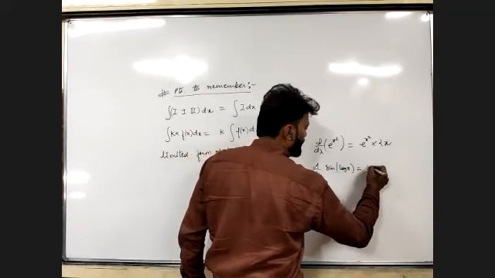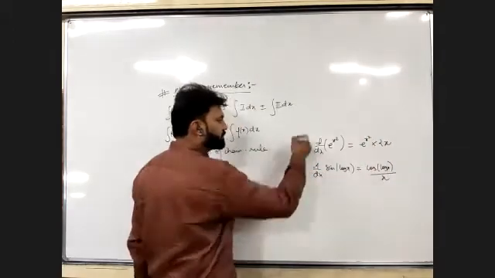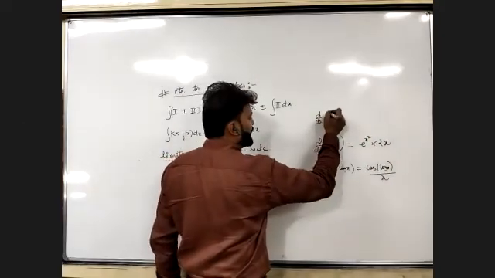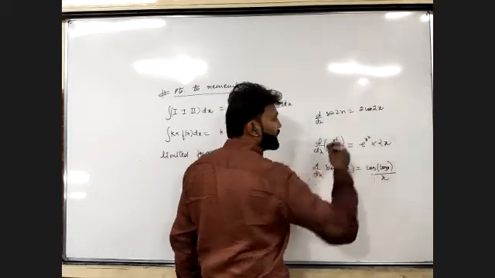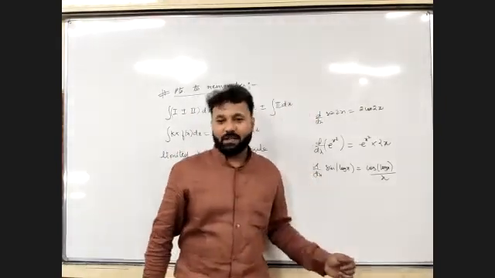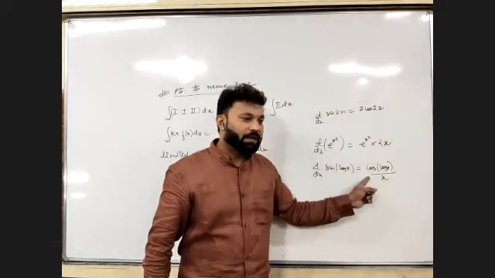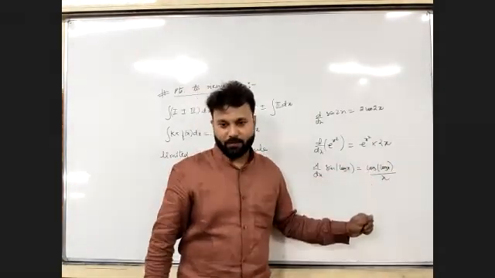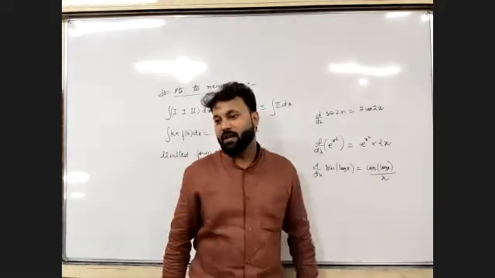The differential of sin is cos, the differential of log is 1 upon x. d by dx of sin 2x is equal to 2 cos 2x. So without any discrimination, whatever is the internal function, we used to multiply the main differential by the differential of the internal function. So there was no restriction in chain rule that we were doing in differentiation.